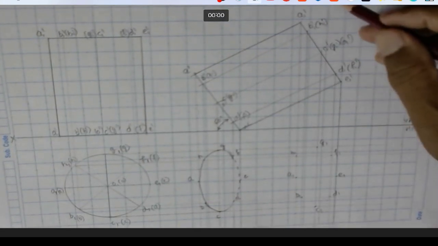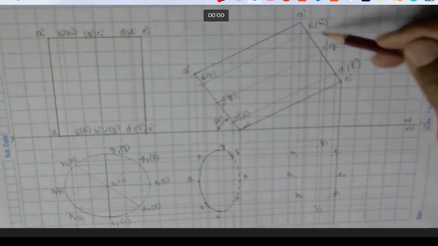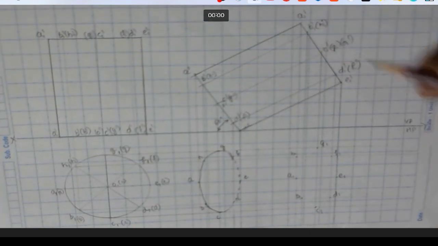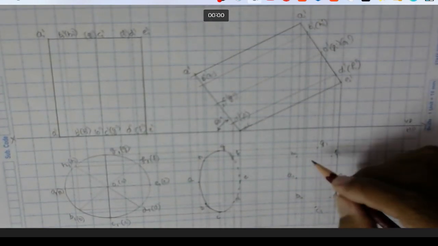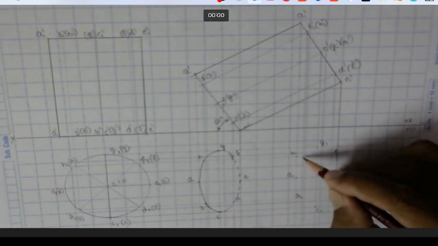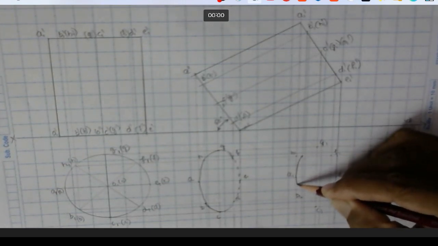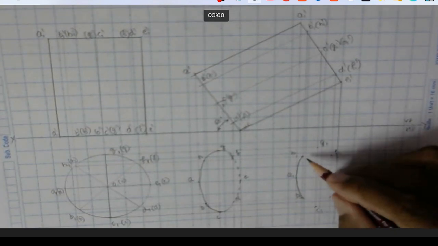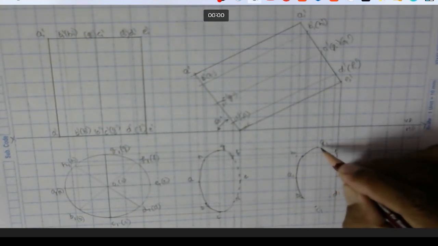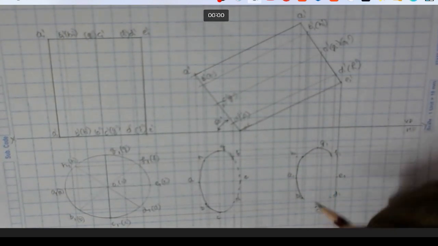Now as you are going to look from this top, so this entire surface is visible. Now let us draw its top surface with a smooth curve.